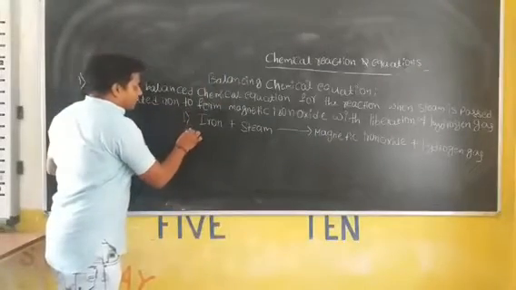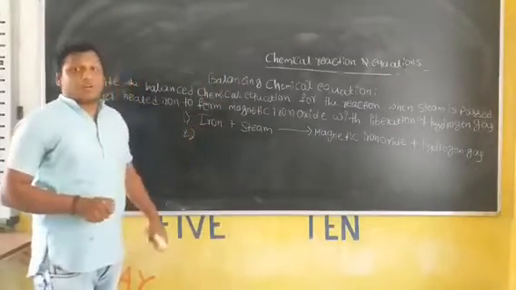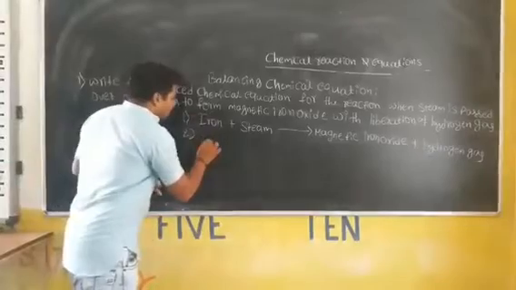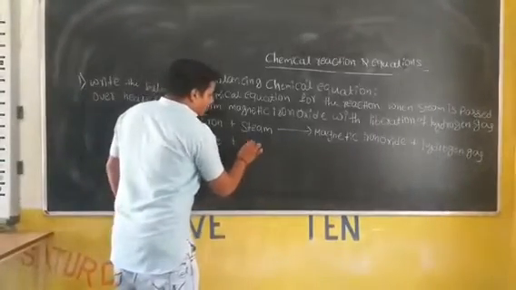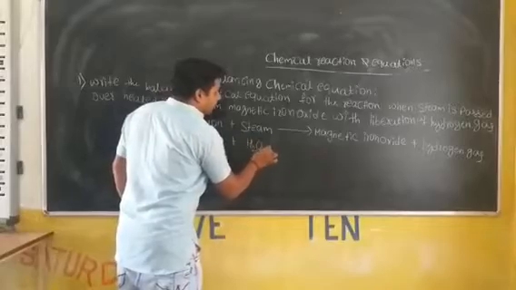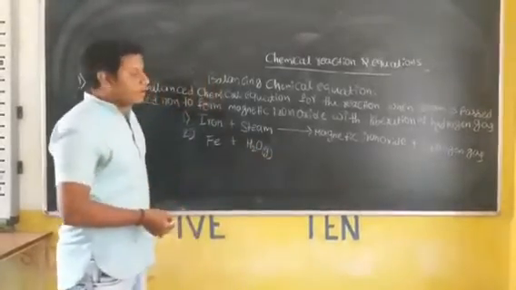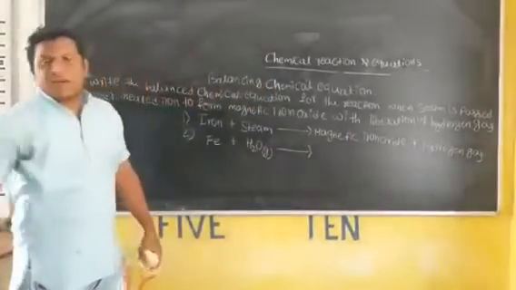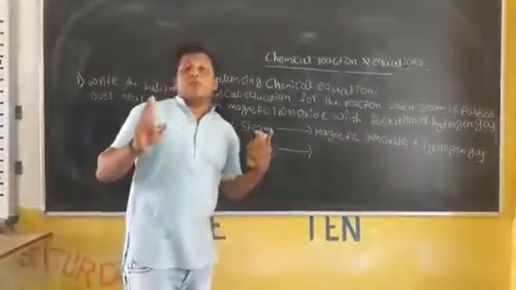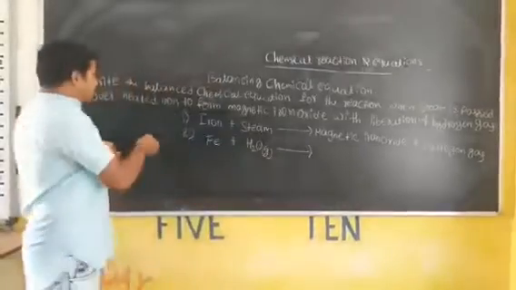In the second step, convert this word equation to formula. Iron means Fe. Steam means again it is water, but present in the gaseous state. Okay, and it produces magnetic iron oxide. Magnetic iron oxide is composed of two compounds.